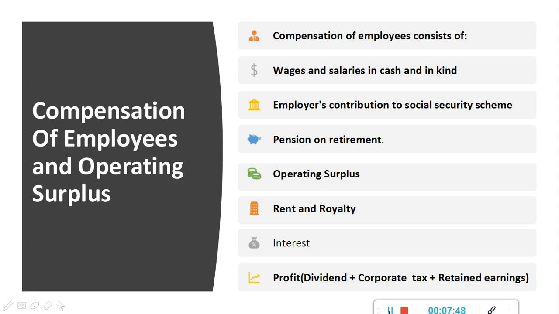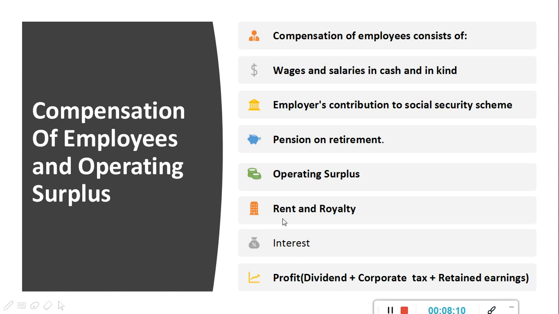Next is operating surplus. Operating surplus is comprised of rent and royalty, interest and profit. Rent is the amount received by the landlord for providing his land and building or property to the productive units.